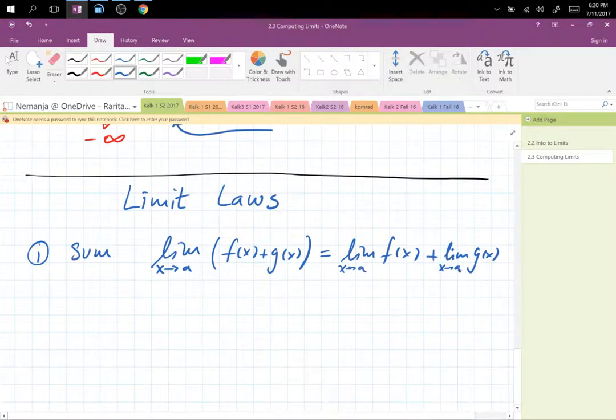Now this allows us to take independent limits for every term if you have a function that has multiple terms.